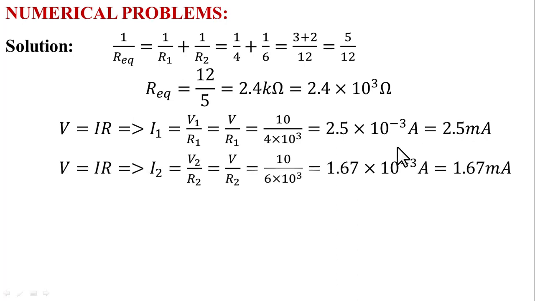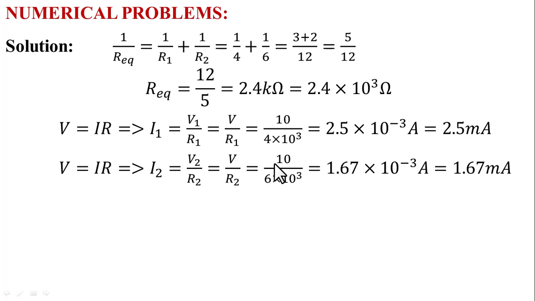Now we can calculate the current I2. According to the Ohm's law, V is equal to IR2. This implies that I2 is also equal to V2 upon R2. In parallel combination, voltage will be same. So I2 is equal to V upon R2.